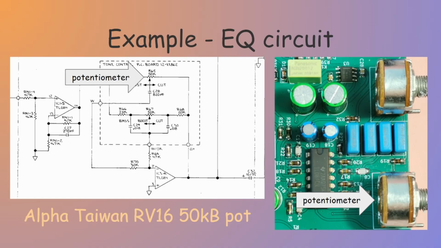I have pretty good experience with Alpha Taiwan potentiometers, because back in 2019 I built my first rotary mixer, so now it's like 6 years since building it, and I was using it quite regularly, and those pots didn't disappoint me, and also they have quite a nice feel. They are not very loose.